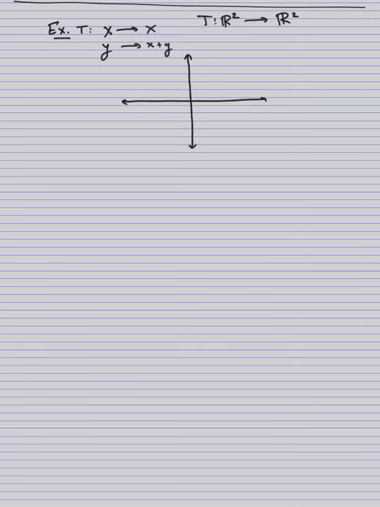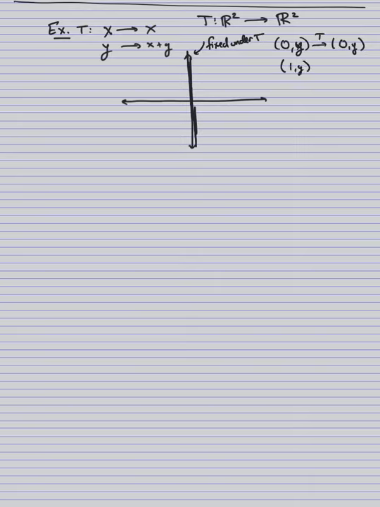So notice that if I look at the points (0, y), which is a point on the y-axis, then when I do this transformation, I just get (0, y) again. So this is fixed under T. And let's see what happens to, I don't know, (1, y).